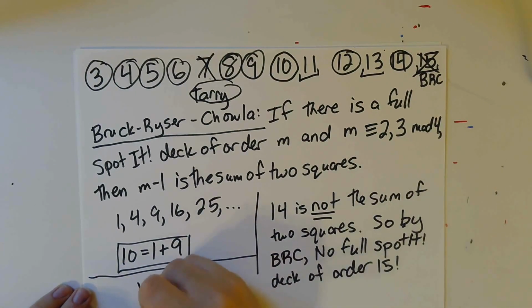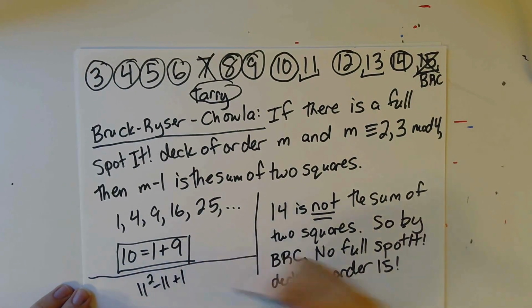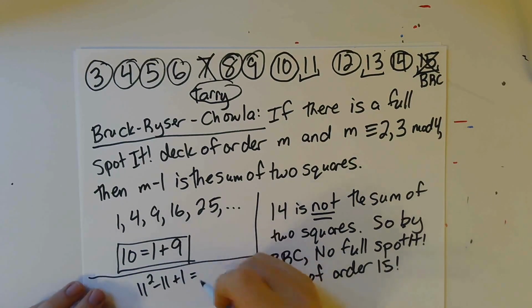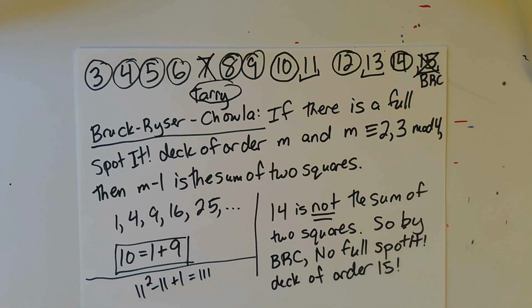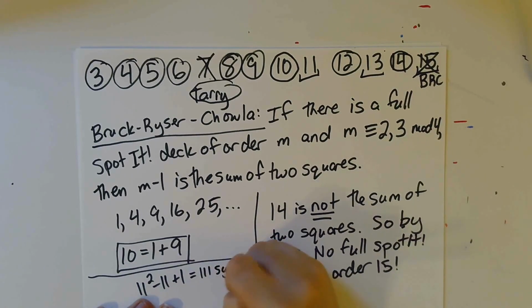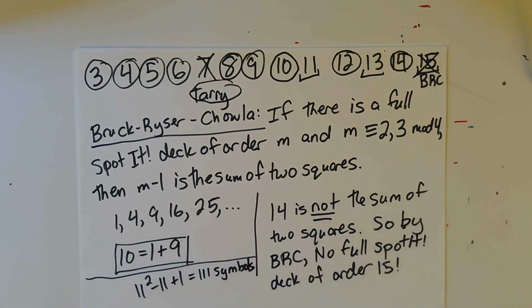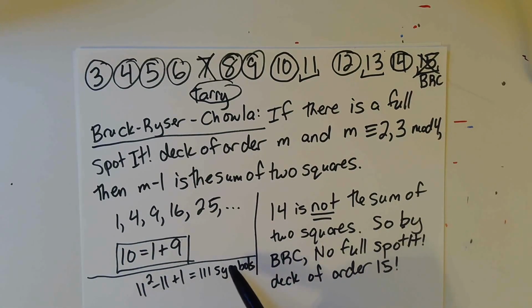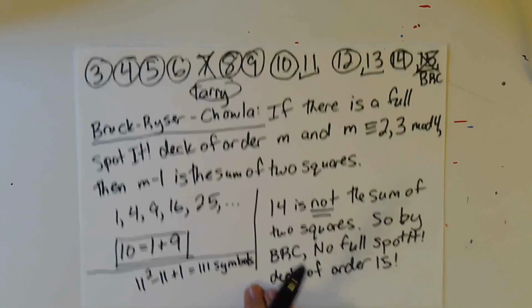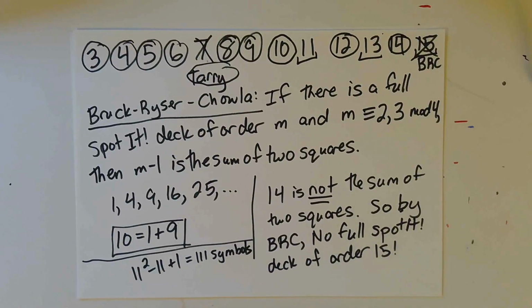In fact, how many symbols? 11 squared minus 11 plus 1, which happens to be 111 symbols. You're asking for a set of 111 symbols, and you're asking for 111 different subsets of these 111 symbols, each of order 11, that satisfy all of these properties.